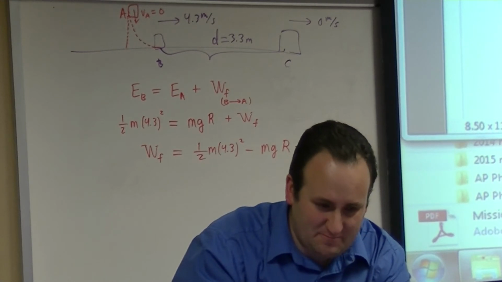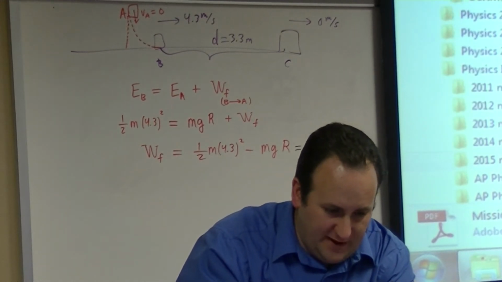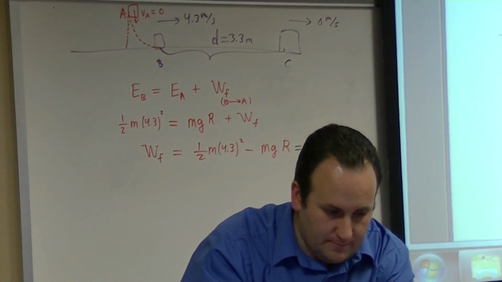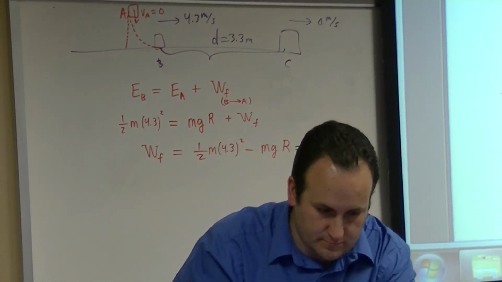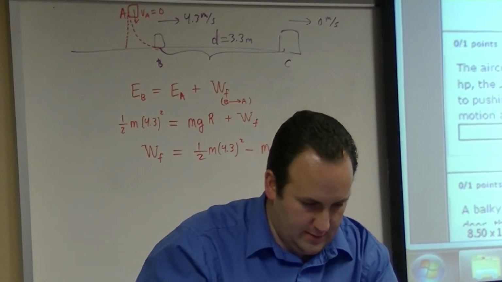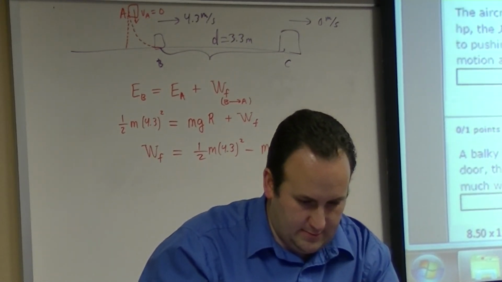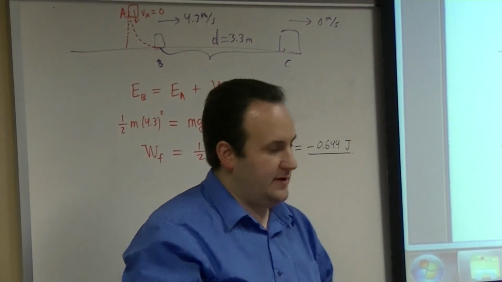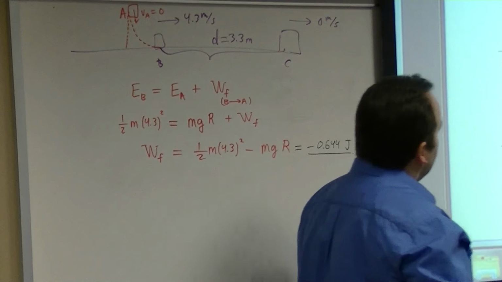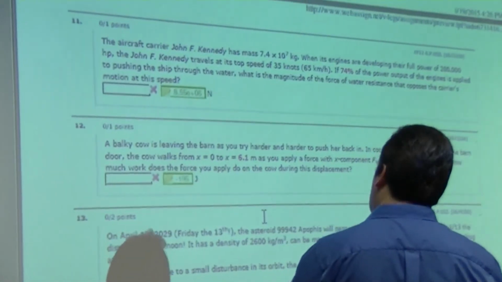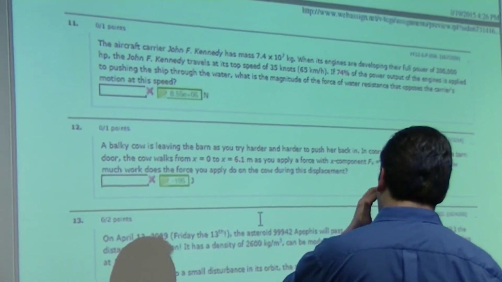11 on 6, if I can find it. All right. The aircraft carrier JFK has a mass of 74 million kilograms.